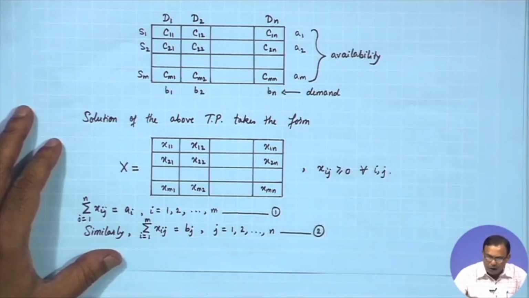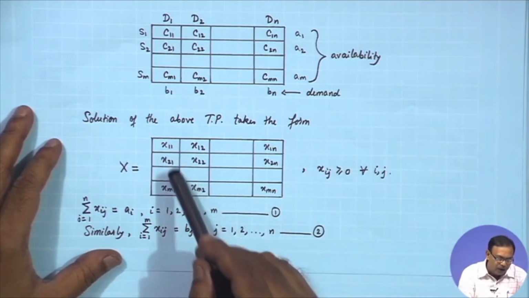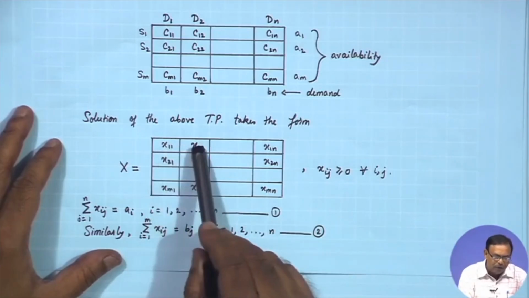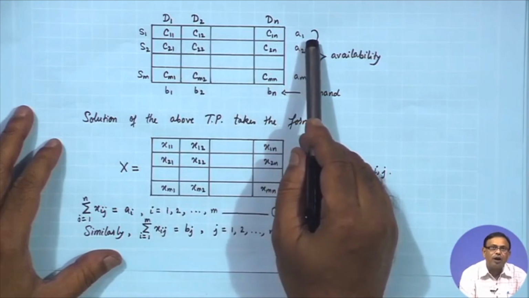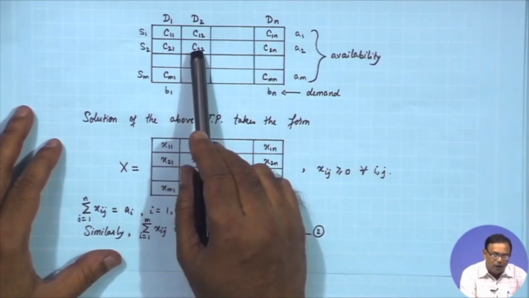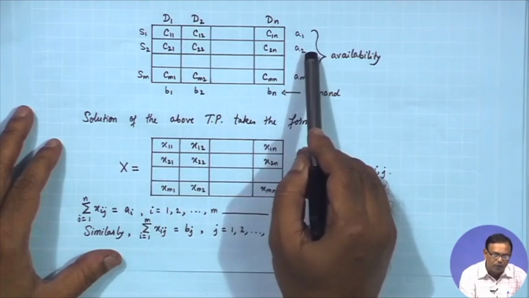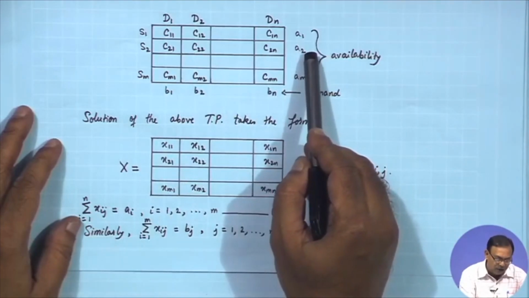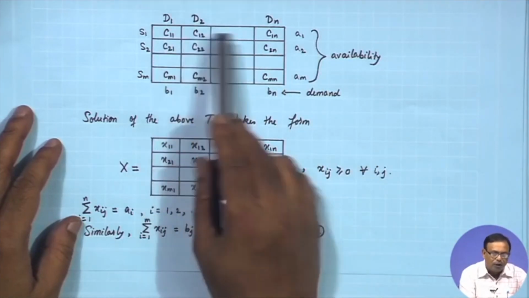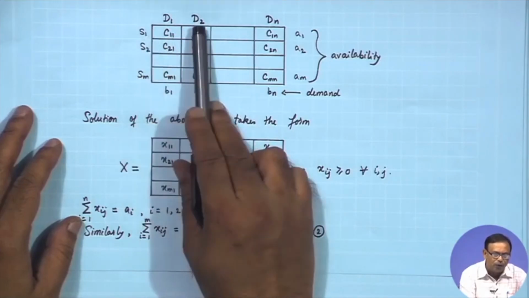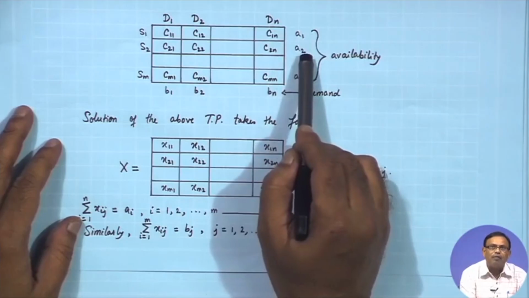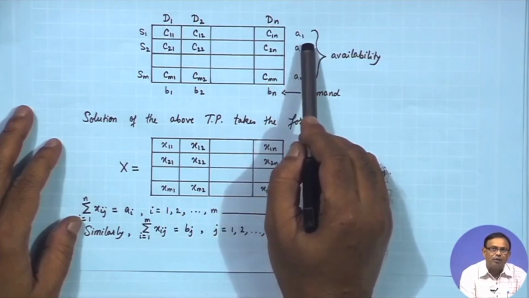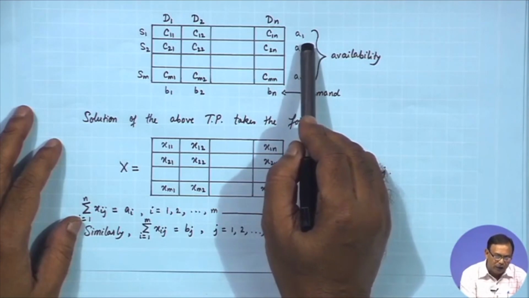From here one thing is quite clear: the sum of the elements of one row should be equal to A1. The sum of the xij's of the second row should be equal to A2, and so on, because you are transporting from the source to these destinations, and that depends upon the availability. If the item is not available you cannot send it.